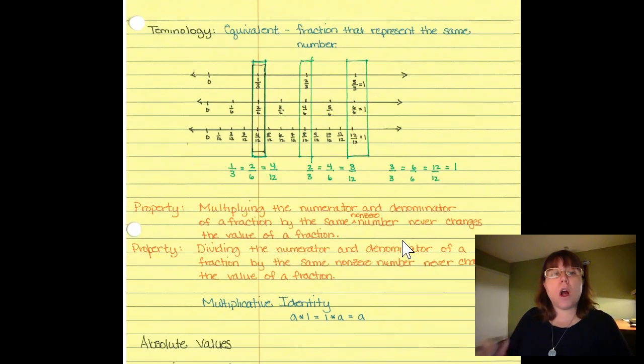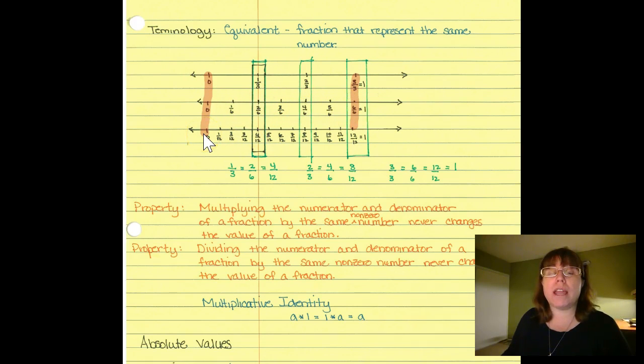So if I draw 3 perfectly aligned number lines, now I know it's difficult for me, where the zeros are right on top of one another, the ones are right on top of one another. The only thing that's different is how I divide up between 0 and 1. The first one I divided up into 3s. The second line I divided up into 6 parts.